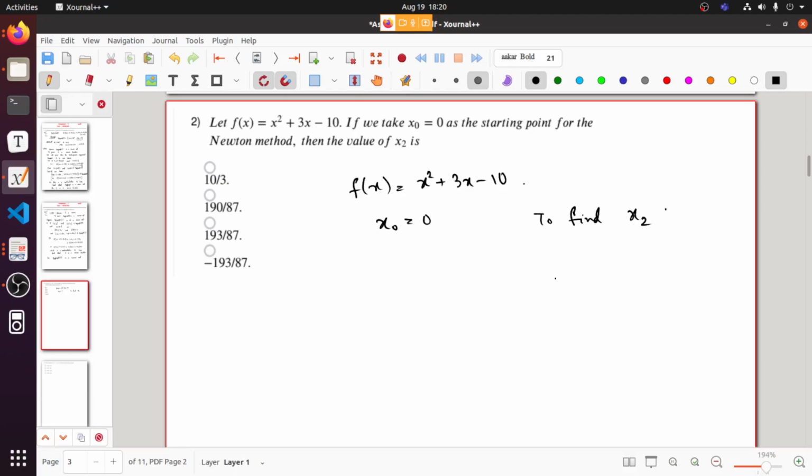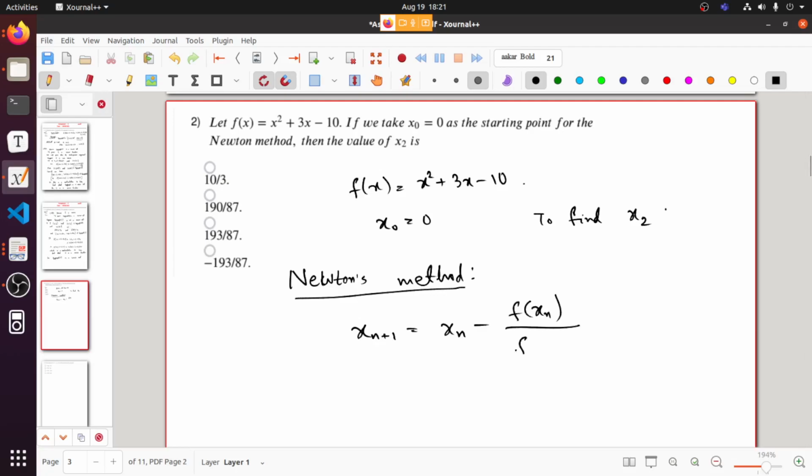So what is the general iterative step for Newton's method? x(n+1) equals xn minus f(xn) by f dash at the point xn, right?